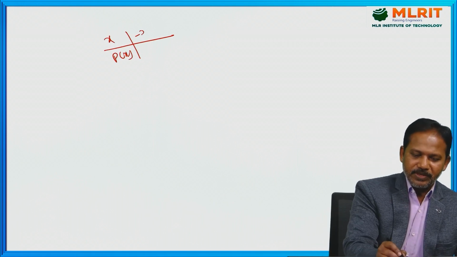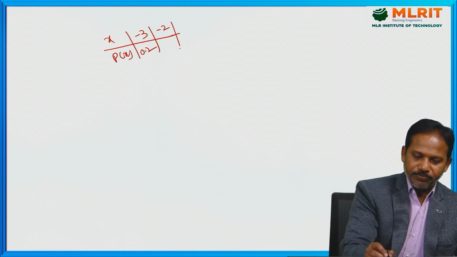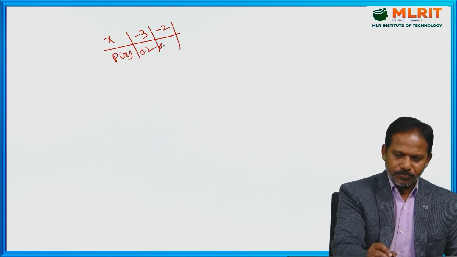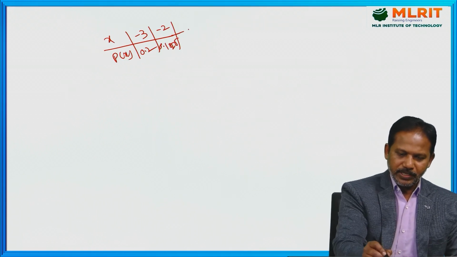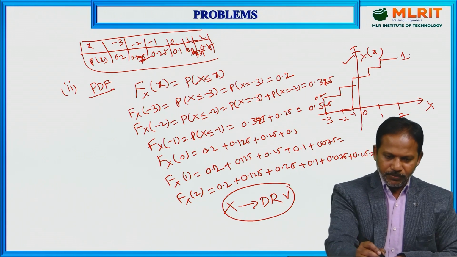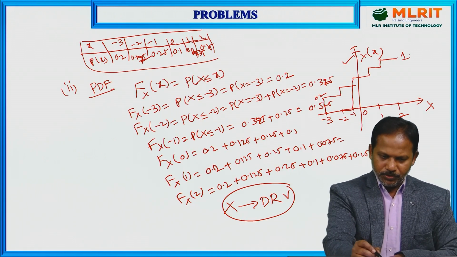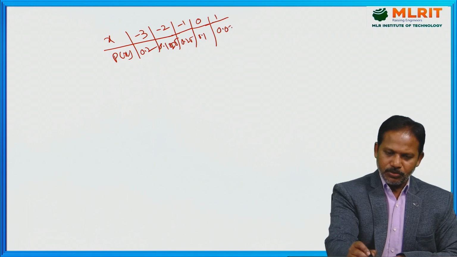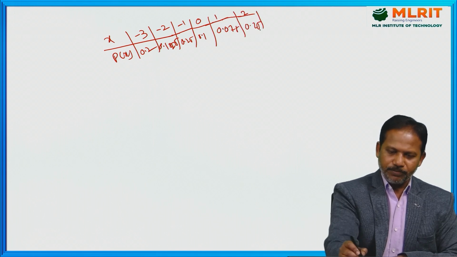Here, x is -3, that is 0.2, and -2, that is 0.125. Next, -1, that is 0.25, 0, 0.1, and 1, 0.075, and 2, that value is 0.25.